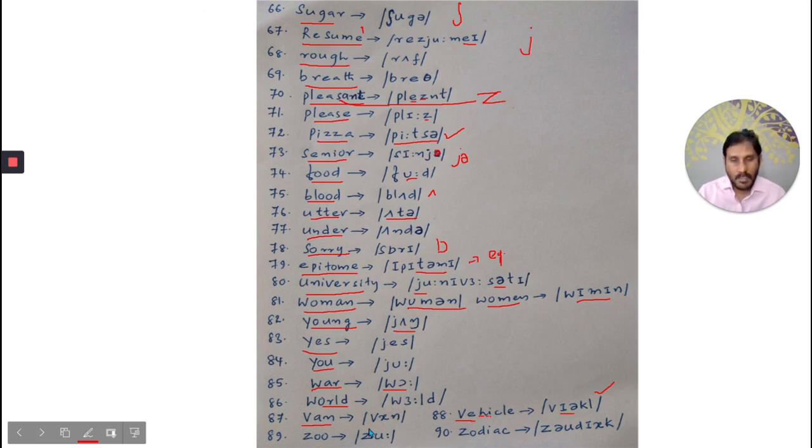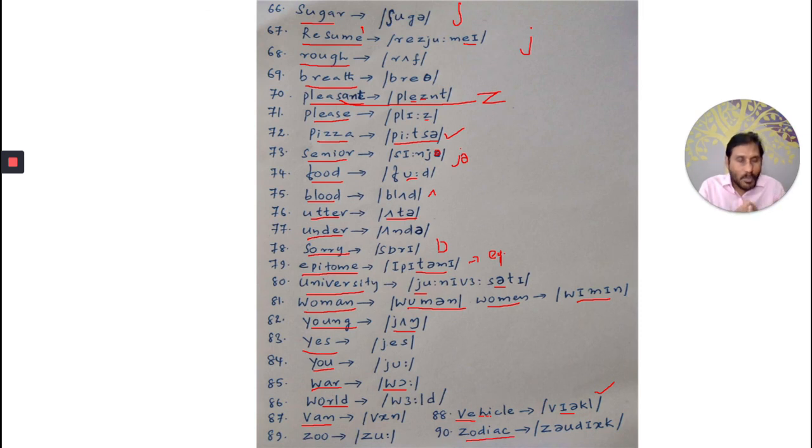Zoo. Capital Z, zoo. The last word with Z: zodiac. Zodiac means your symbols, sun sign, moon sign, your Aries, your Rashi chart is called zodiac. Your twelve moon signs and sun signs according to your birthday and birth time.